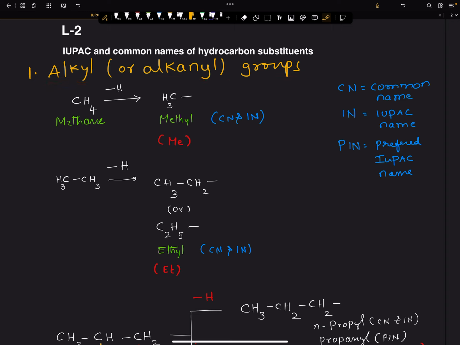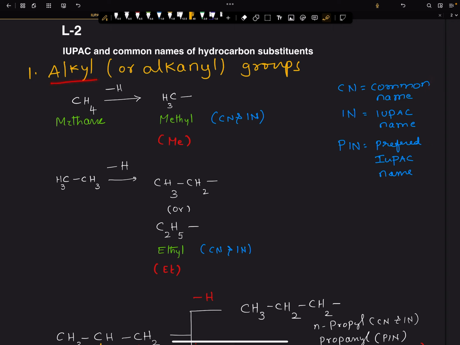Here, in the nomenclature, CN is common name, IN is IUPAC name, PIN is preferred IUPAC name. In the nomenclature of organic compounds, we sometimes use common names or sometimes IUPAC names.